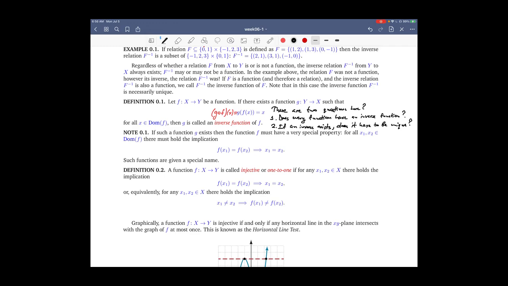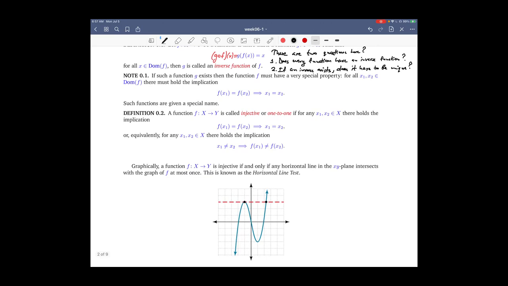If an inverse exists, does it have to be unique? Well, to study these two questions, let's go over the following discussion.